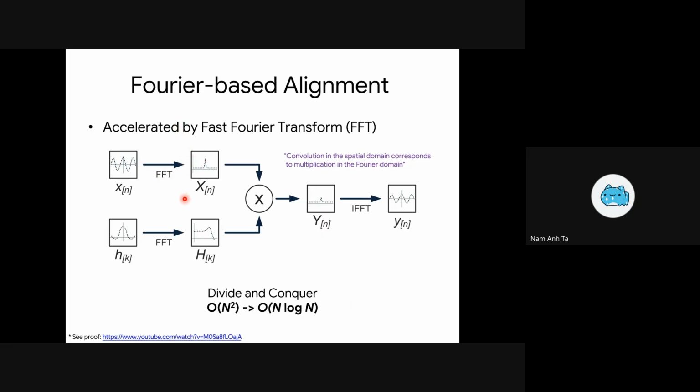We perform the FFT on each of the signals, so we can move them into the frequency domain, and then we multiply these two signals in the frequency domain, and then we apply the inverse FFT to return to the spatial domain. This is the most efficient way to perform convolutions and making large scale image alignment feasible for real-time applications.